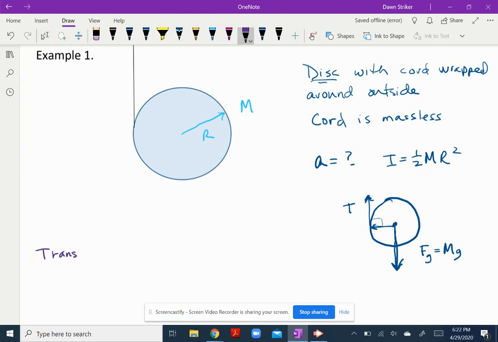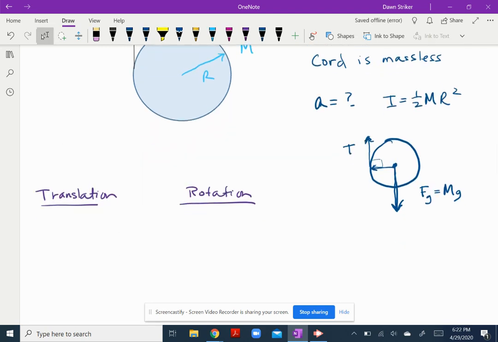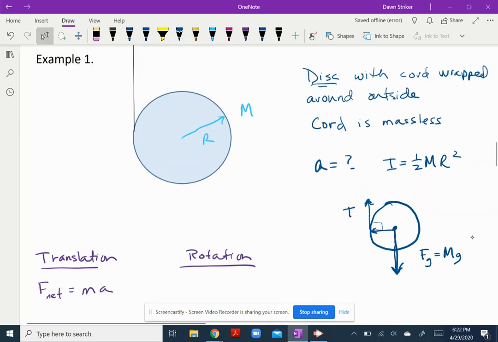Translation and rotation separately. So for translation, we always start with F net equals ma. Now I know this thing is going to be unwinding clockwise the way I've drawn it. So I'm going to use clockwise as my positive direction.